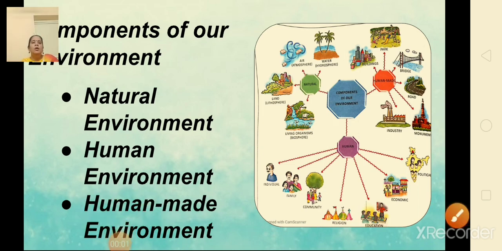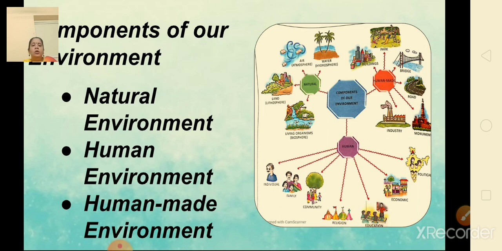The biotic components comprise of plants and animals, whereas abiotic components comprise of air, water, and soil.